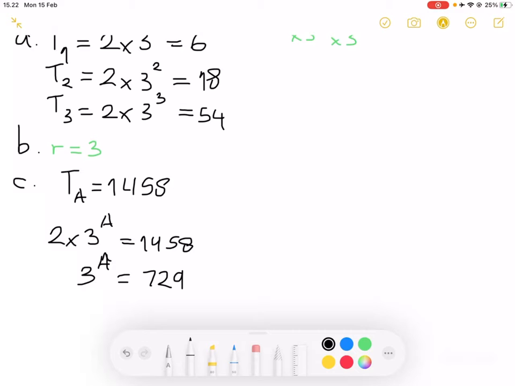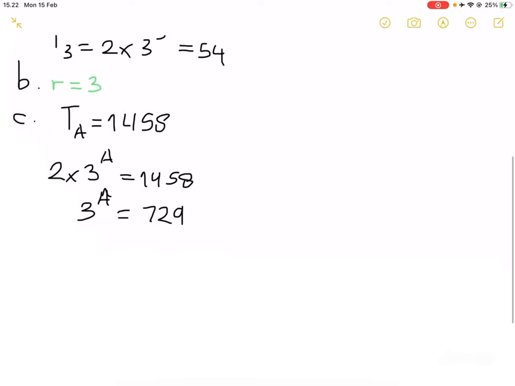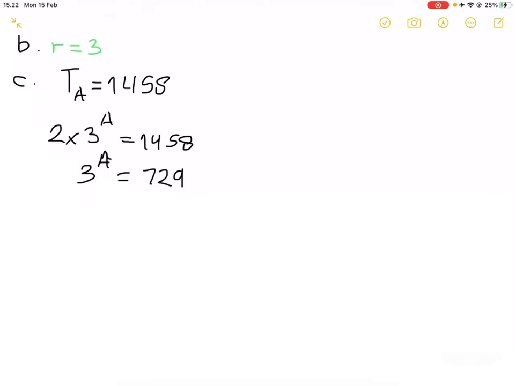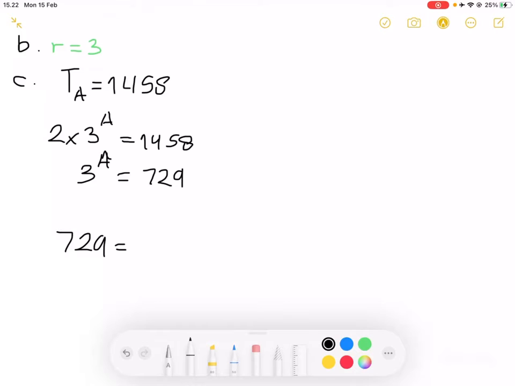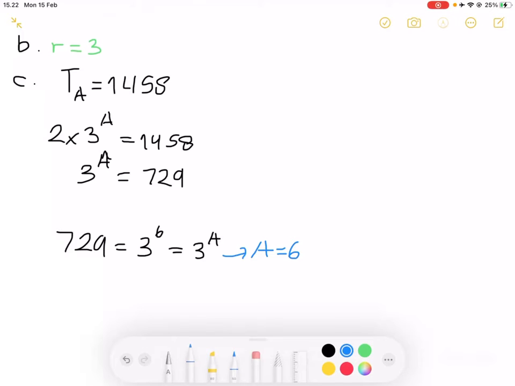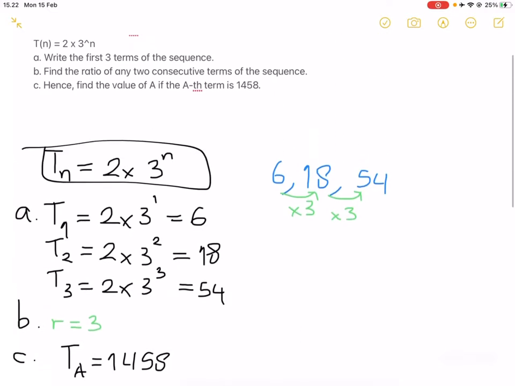And you can probably do some logarithm right here, or possibly noting that 729 can be written as 3 to the 6, and therefore, knowing that this is also equal to 3 to the A, A must be equal to 6. That's it for the second question, and let's get then to the final question.